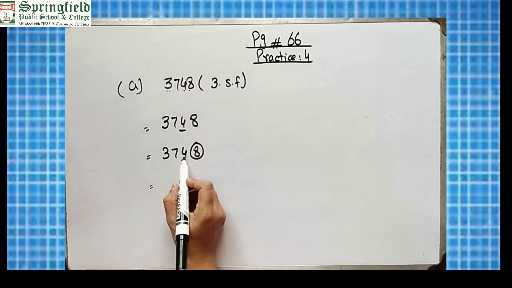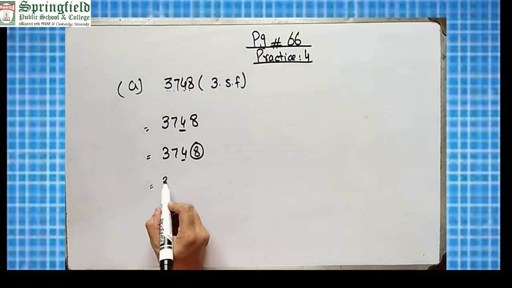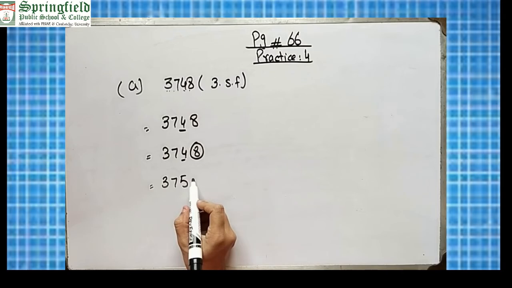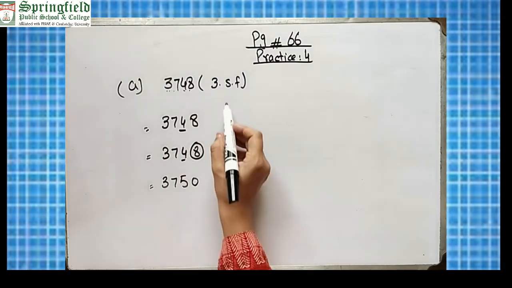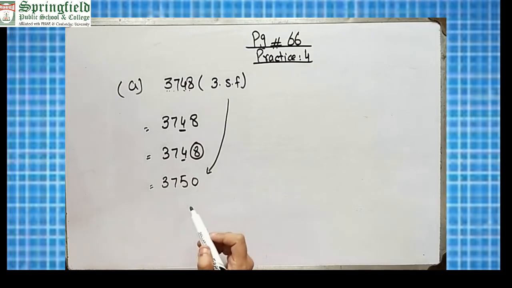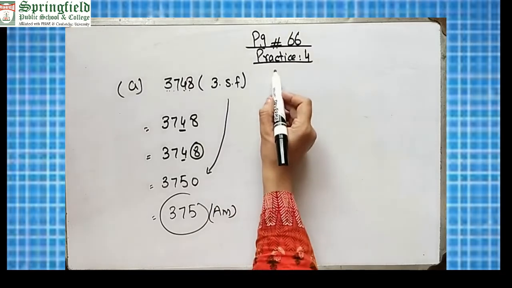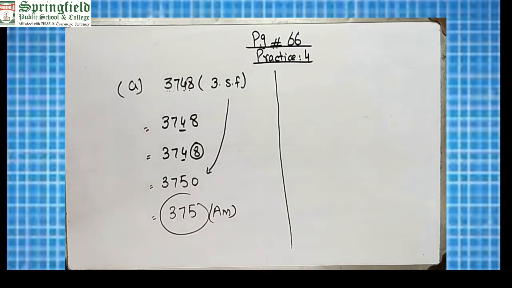So 1 is added to the 4 and it becomes 5. So 3, 7, 5 and the next digit becomes 0. But as they are saying round off to 3 significant figures, we will write 375 just, and this is your answer. Understood beta?